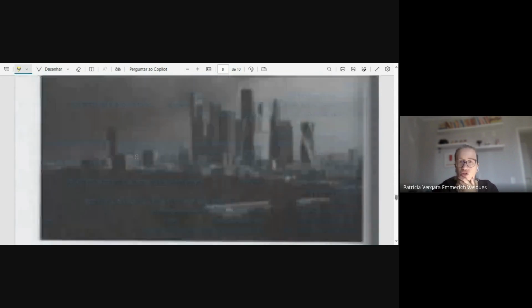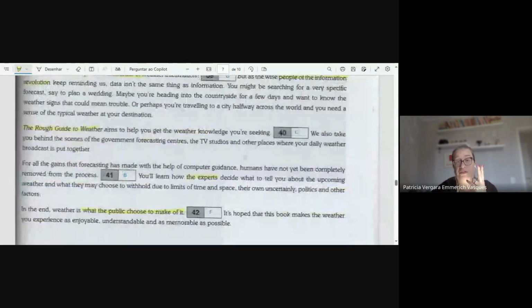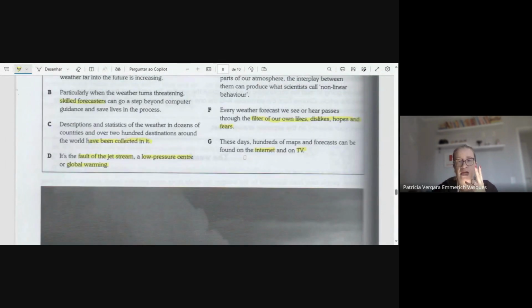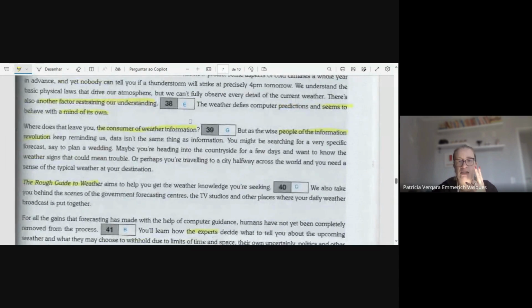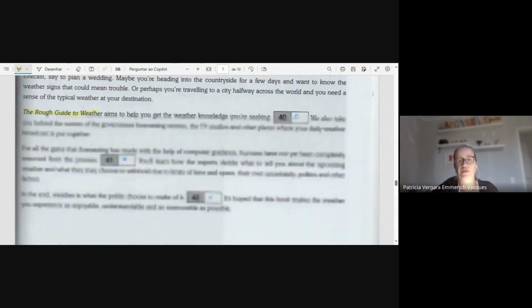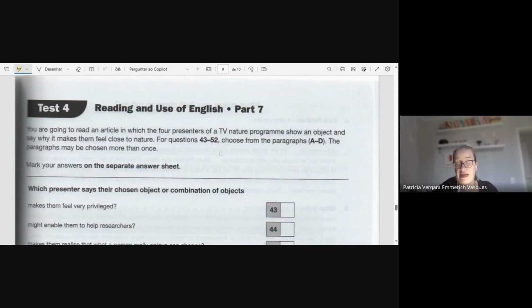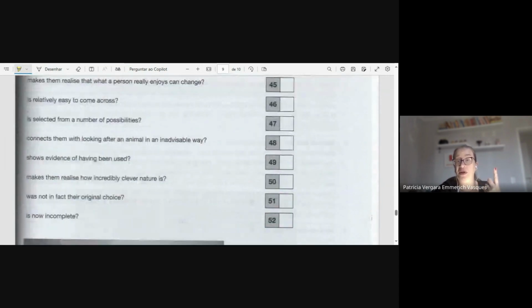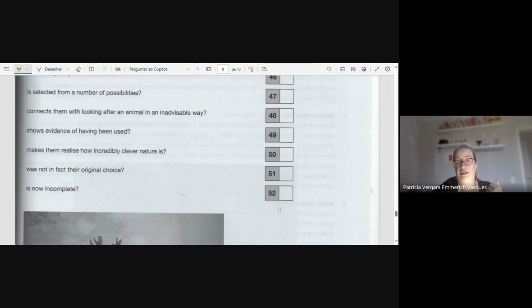I forgot to tell you, but this exercise, part 6, is worth 2 points too. So here you have 2, 4, 6, 8, 10, 12 points. Each correct answer is worth 2 points, okay? And here in part 7, each correct answer is worth 1 point, but you have 10. So you have 10 points here, okay?